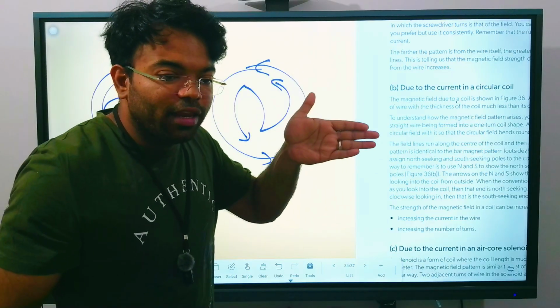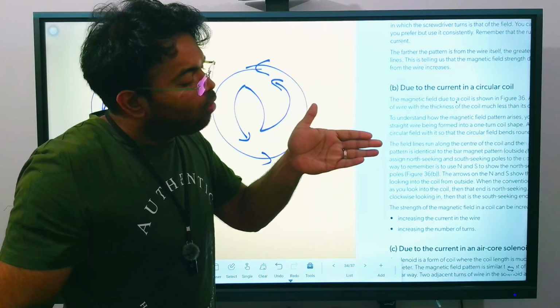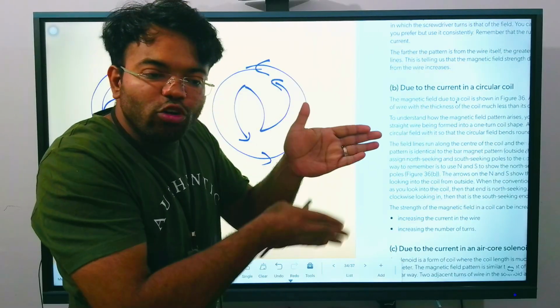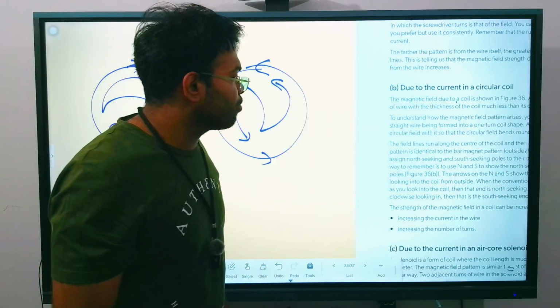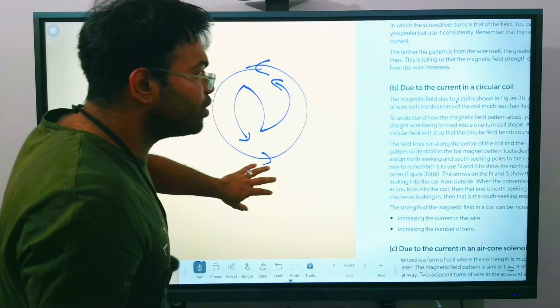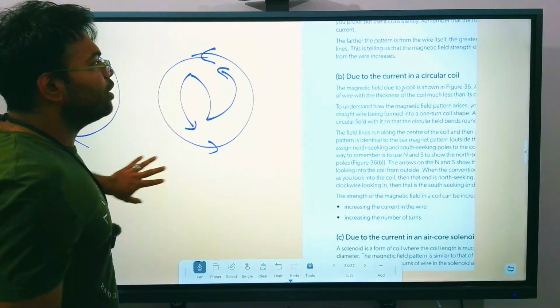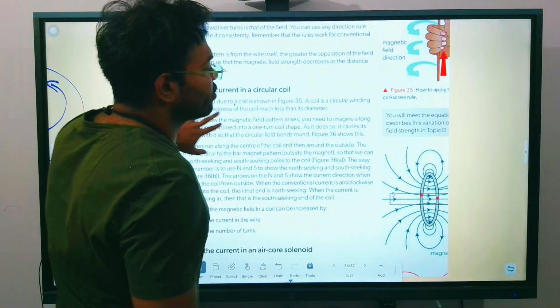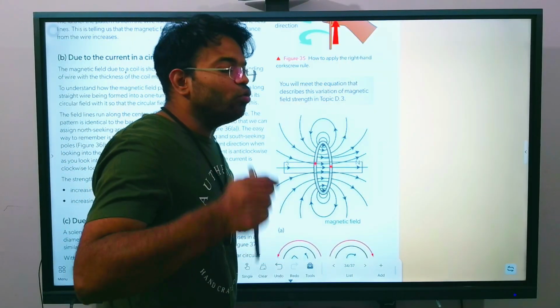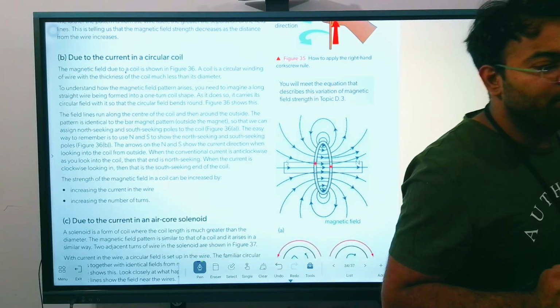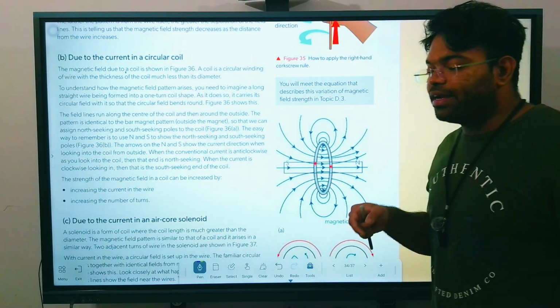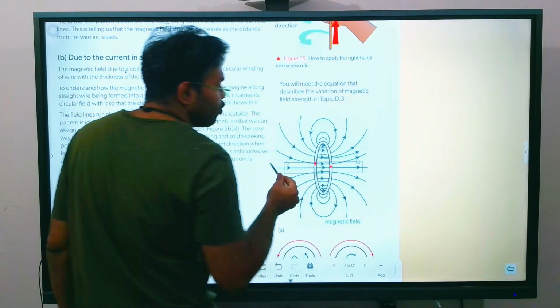So a looped coil will have one side to be the south pole and the other side automatically becomes the north pole. Understood? So this is how the shape looks. You know that the magnetic field lines enter the south pole and exit the north pole, right?